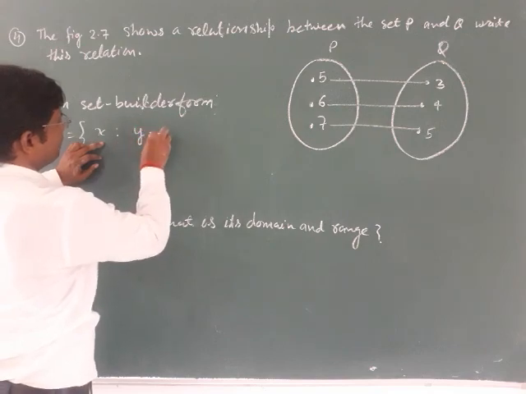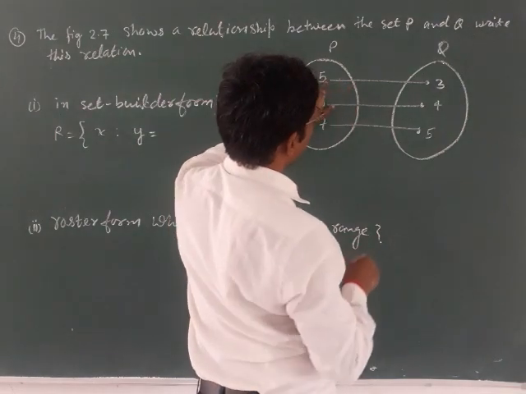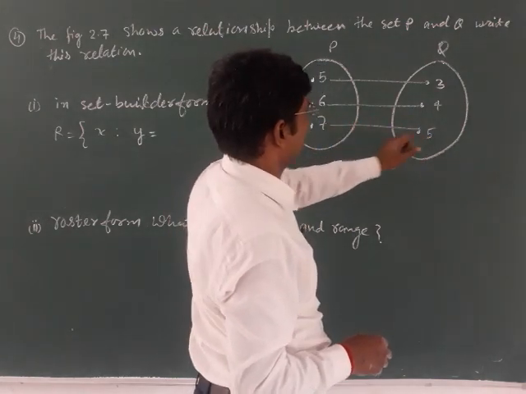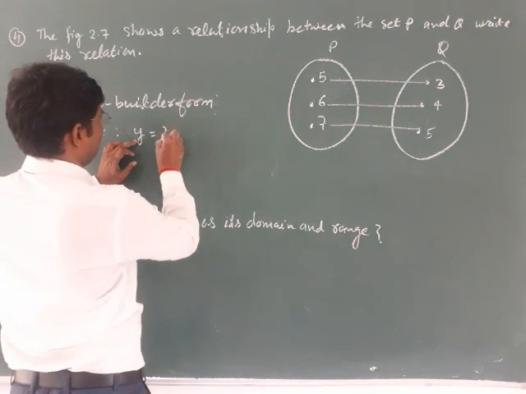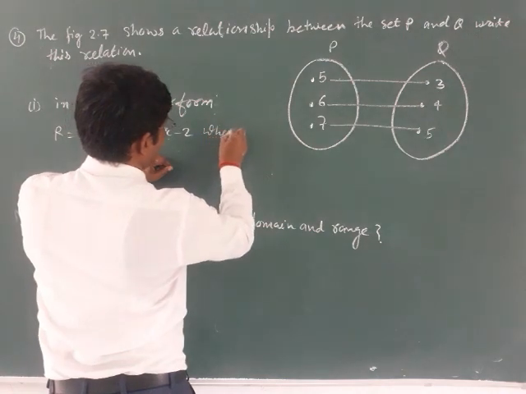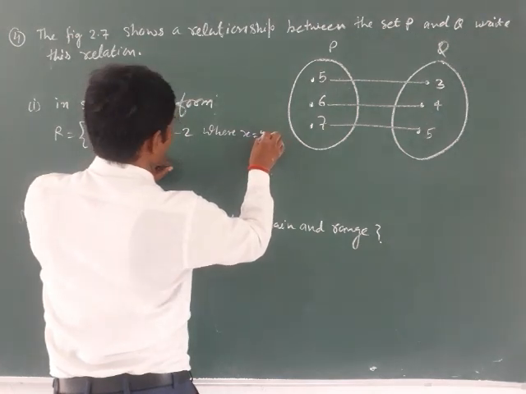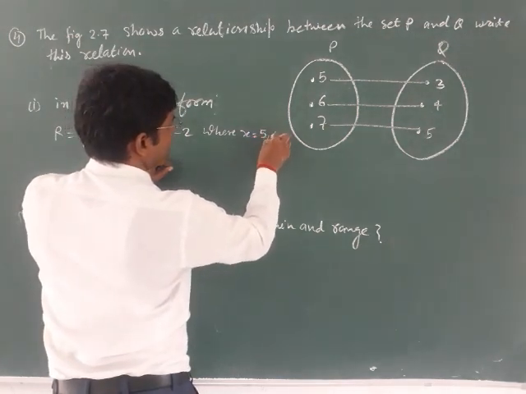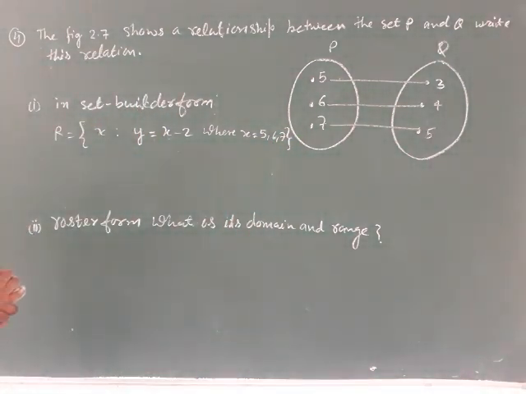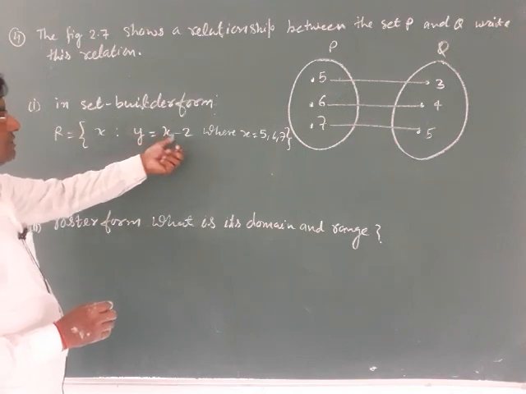y = x minus 2, where x = 5, 6, 7}. So 5 minus 2 is 3, 6 minus 2 is 4, 7 minus 2 is 5. So R = {(x, y) such that y is equal to x minus 2}.